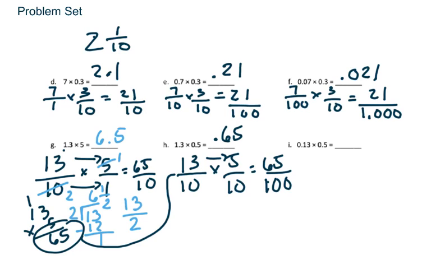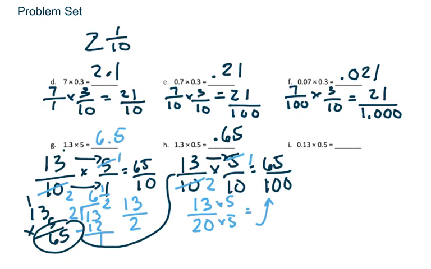If you cross-canceled, you would get 13 over 20, but to make it a decimal, you'd have to multiply this by 5 to get to the hundredths.